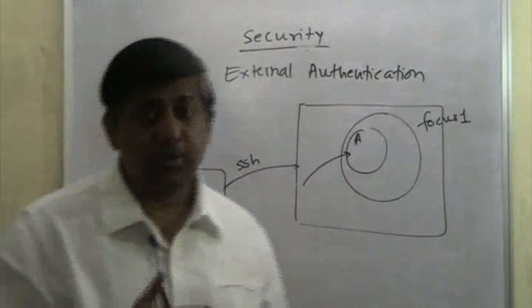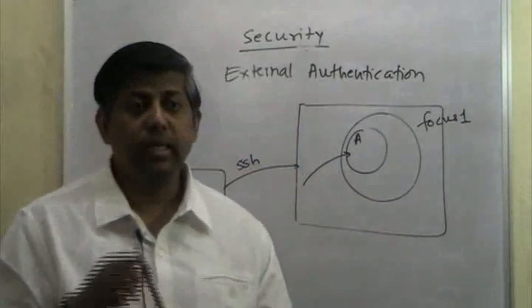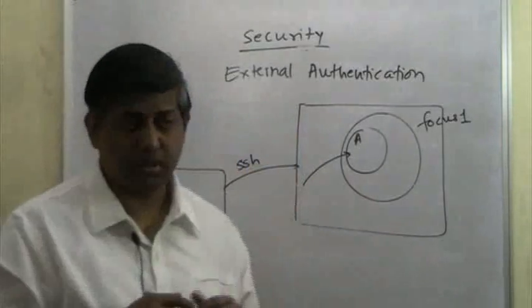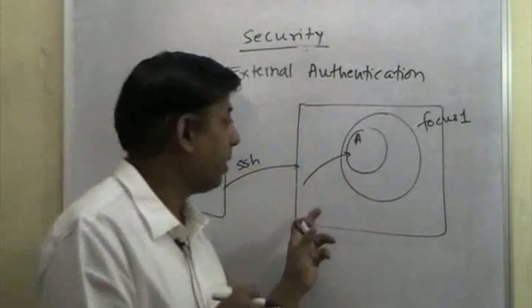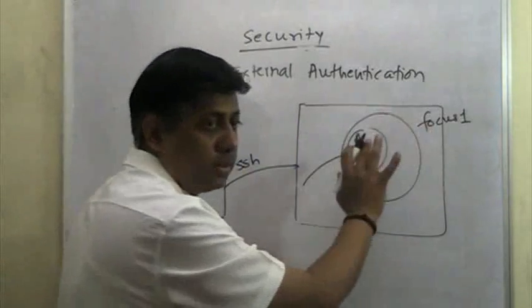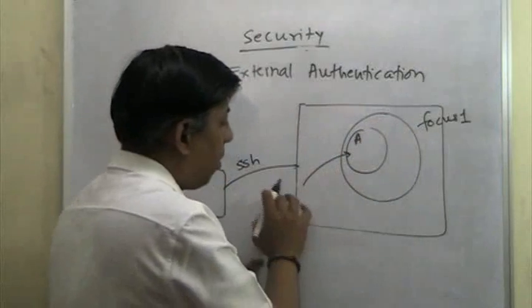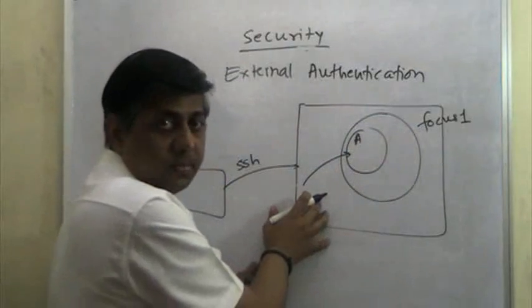Now there is another way to log into a database, where the authentication is done by the operating system. As you can see, the operating system is a separate entity from the database. Database has its own login IDs and passwords for its own schemas, and the operating system has its own users.